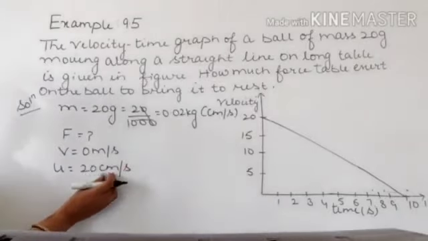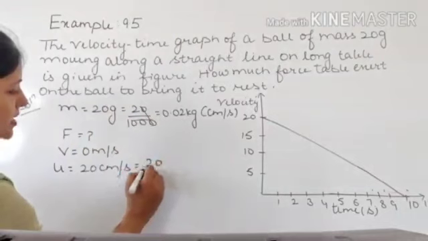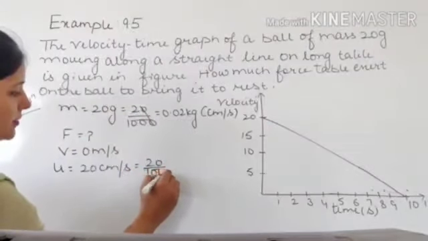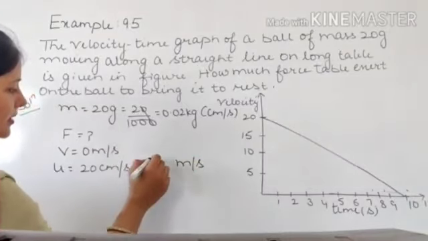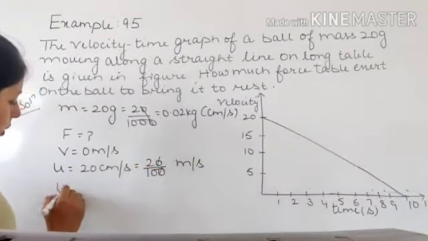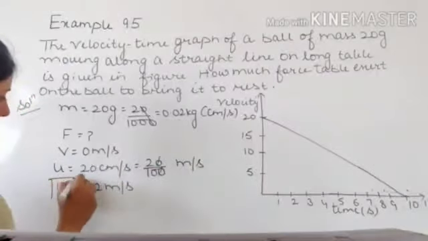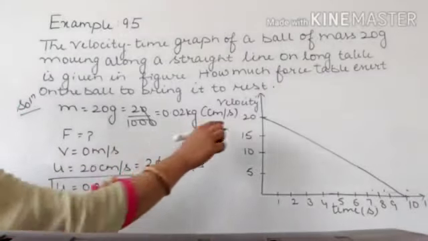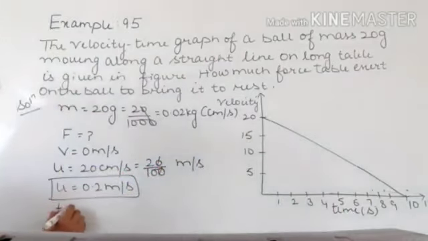So here you can convert centimeter into meter, that is 20 divided by 100 meters per second. So you can write u is 0.2 meters per second. And for this velocity, time is given, that is 10 seconds.